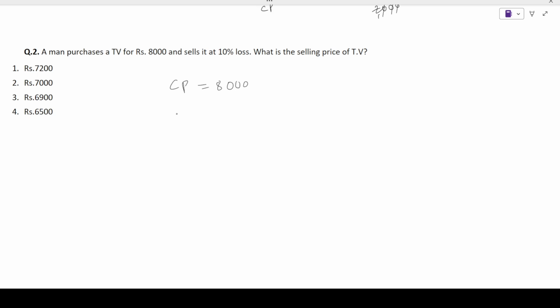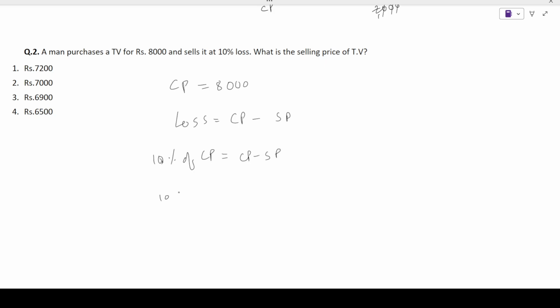So loss is cost price minus selling price. Here the loss is 10% of cost price, that is cost price minus selling price.